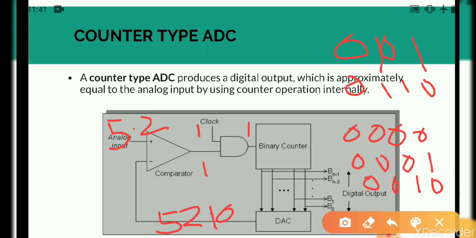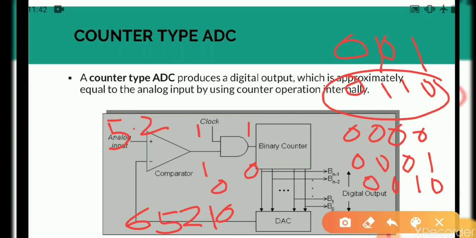But when 0110 appears at the DAC, the DAC will convert it into 6 volt. Now 6 is greater than 5.2, so the output of the comparator becomes 0, and hence the output of the AND gate becomes 0, and the counter stops counting at 0110.